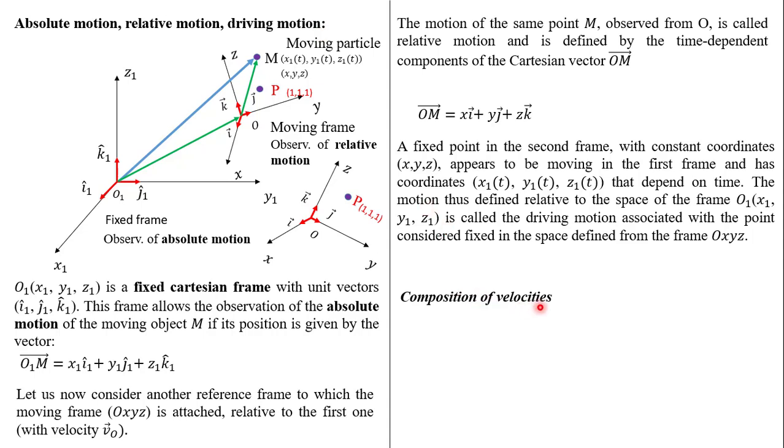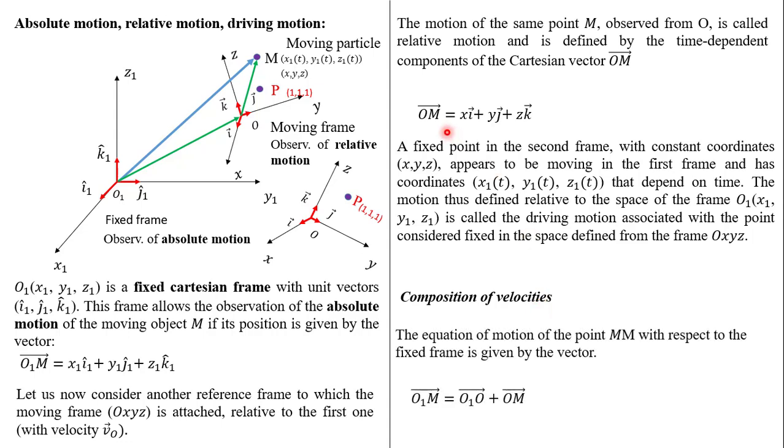Now let's see the composition of velocities. We can deduce the velocities based on our position vector. So the equation of motion of point M with respect to the fixed frame is given by the vector O1M equal O1O plus OM.